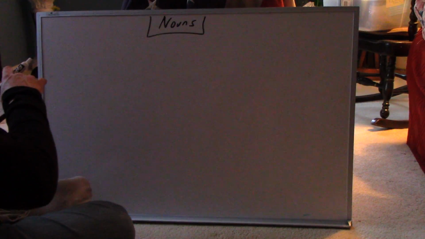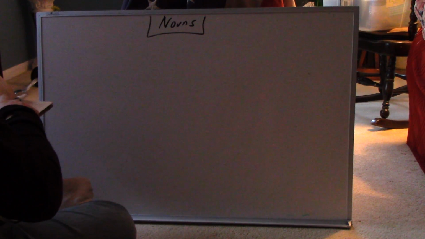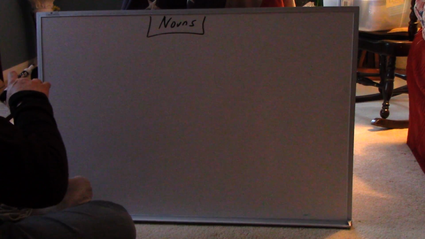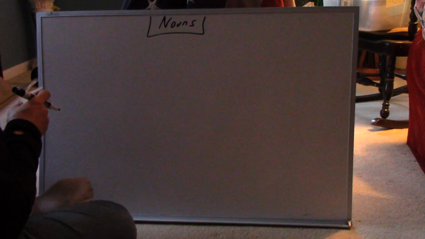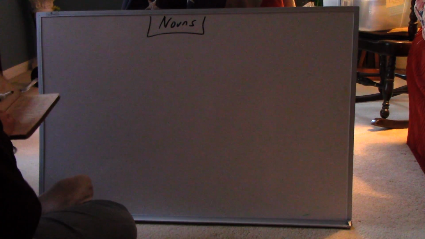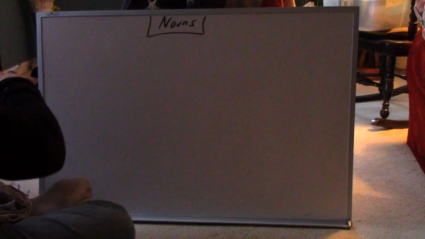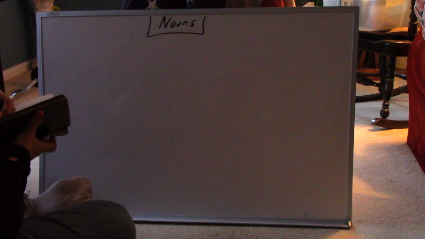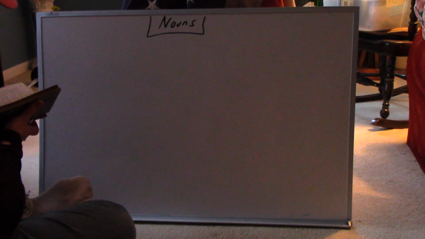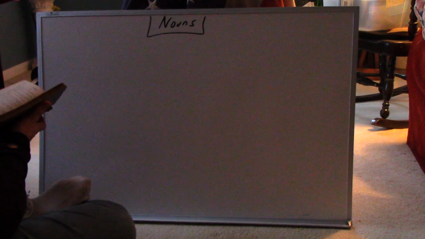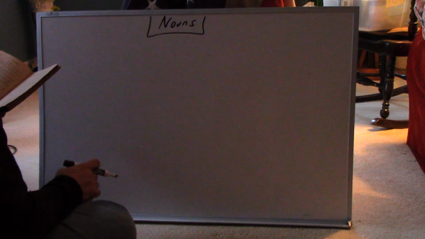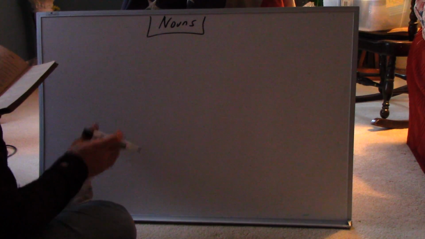And then gender, I told you, is male, female, neuter, actually, too. Because you could have a boy, girl, then you could have a table, a chair, and that's neuter. It doesn't have a gender. And then, of course, we have the declension of nouns, which, of course, has to do with the cases.